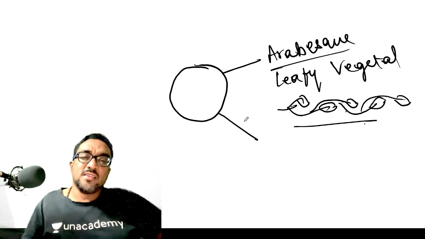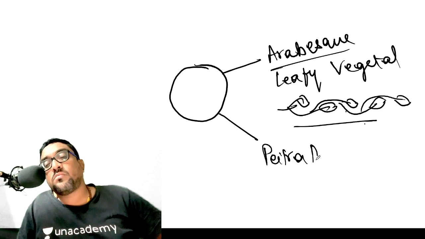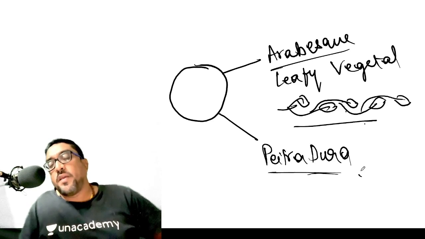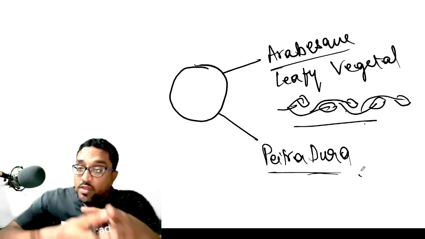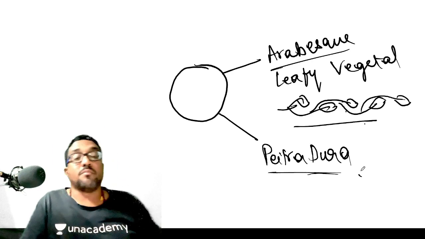The second part that we observe is Pietra Dura. Pietra Dura is a technique unique again to Shah Jahan's period and in fact Noor Jahan's period.